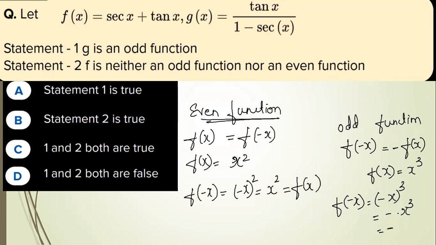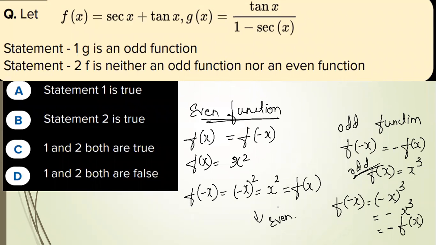Minus x cube is minus of my function. So you can see that when we put minus x, we get minus of f of x. So this particular function is odd. Whereas here, even after replacing x by minus x, f of minus x is equal to f of x. So this is an even function.